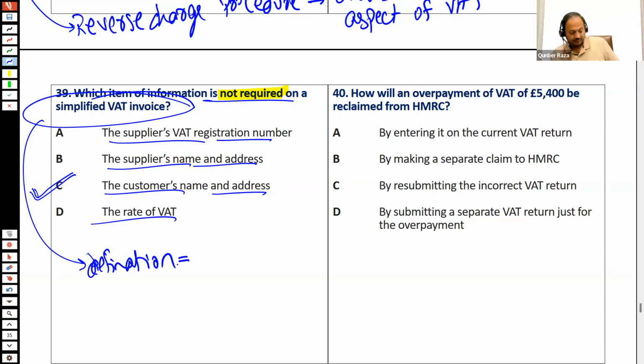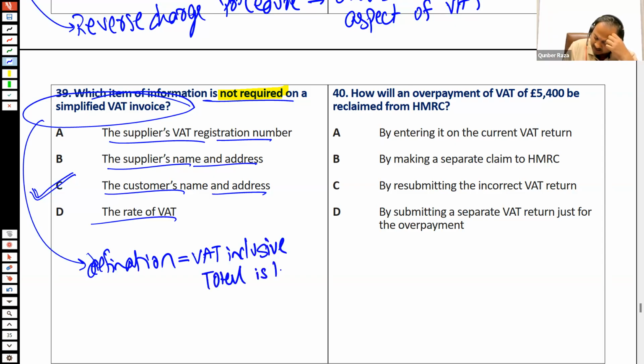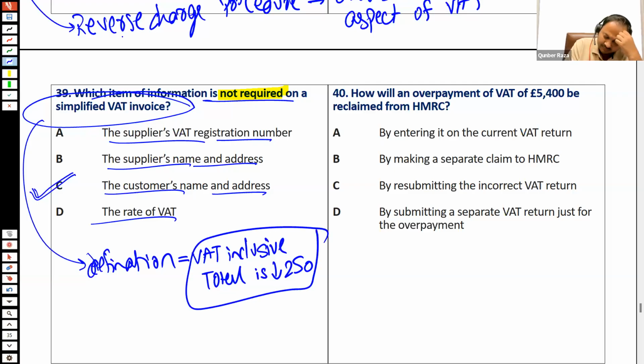Definition. Yeah, thank you, Dua. VAT inclusive total is less than 250.